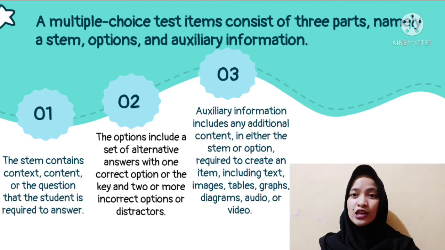The options include a set of alternative answers with one correct option or the key, and two or more incorrect options or distractors. And the last is auxiliary information. It includes any additional content in either the stem or option required to create an item, including text, images, tables, graphs, diagrams, audio, or video.